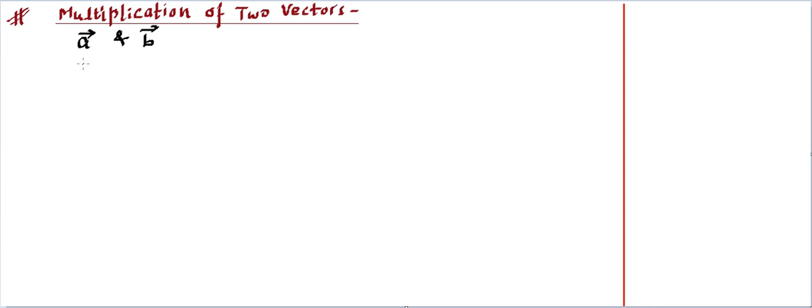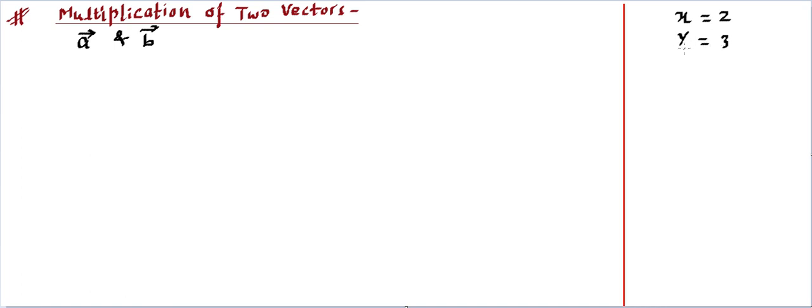Prior to this, we have talked about multiplication of a vector by a scalar, and we have also talked about addition and subtraction of two vectors. Now let's recall multiplication of two scalar quantities. Let's say x is a scalar quantity which is 2, and y is another scalar quantity which is 3.